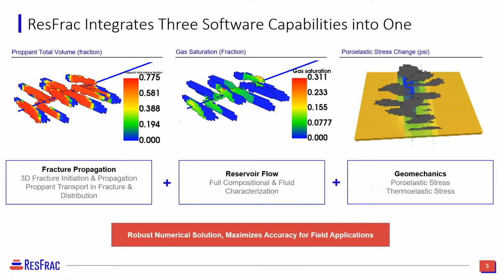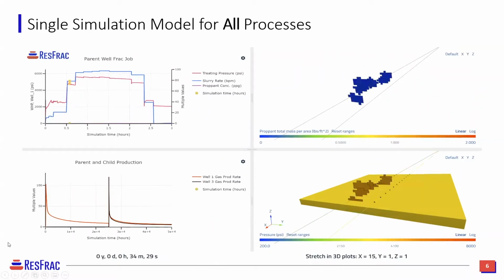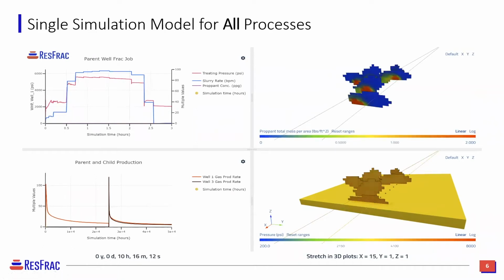And if we go forward a slide, we will get to see all of these effects together in this parent-child video. So here, the left-hand well is my parent well. With fracking, we see prop distribution there in the upper right. And then as we go into production, we're going to see the pressure drawn down in the fractures as well as the matrix.